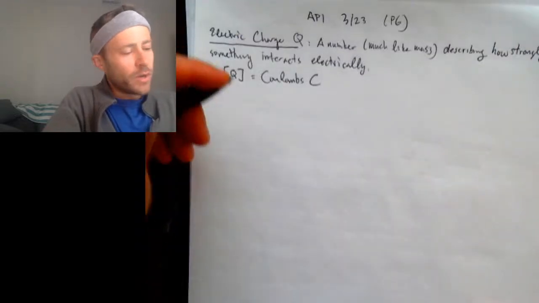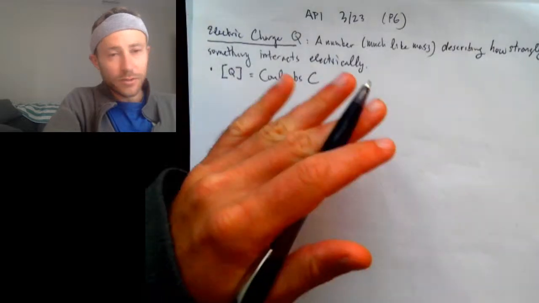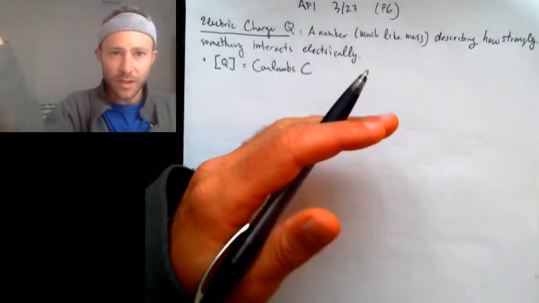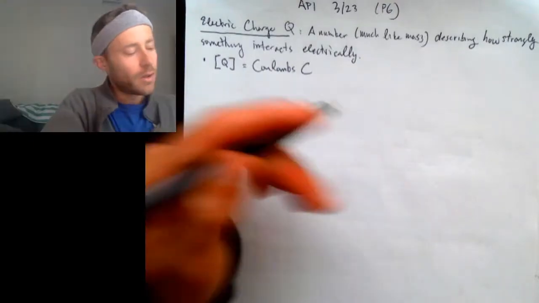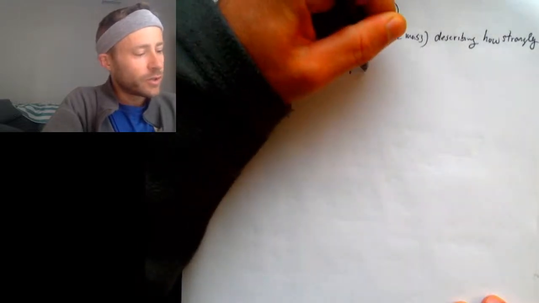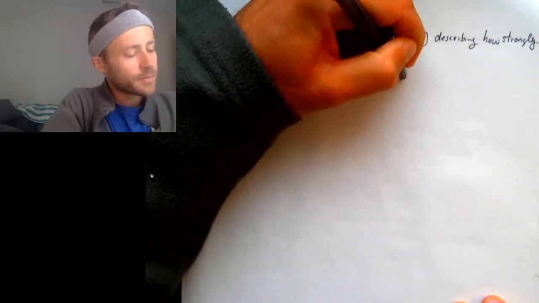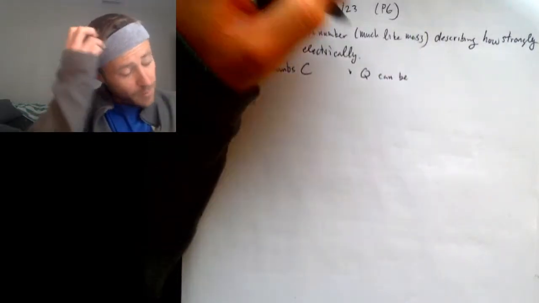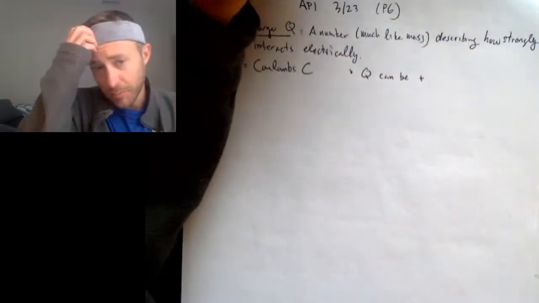Now, one of the ways that electric charge is different from mass is that if we think about mass, the mass has to be positive. It can only have positive mass. Electric charge is a little bit different because charge can be positive, like a proton, for example, has positive electric charge.